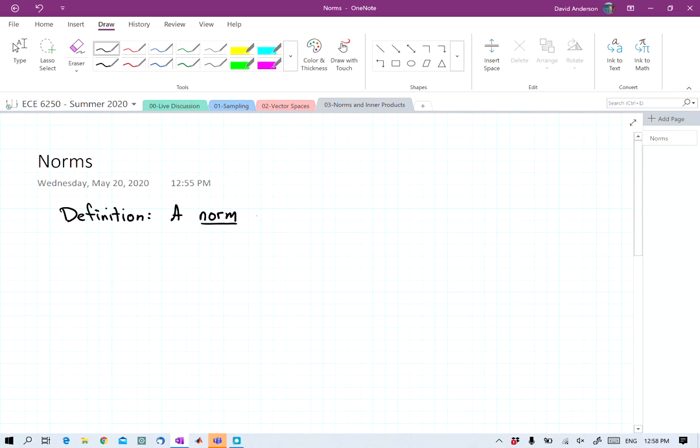A norm, and we denote that with double bars with something in between, on a vector space S. And here once again we're abstracting out what we've come to know intuitively as a concrete example.